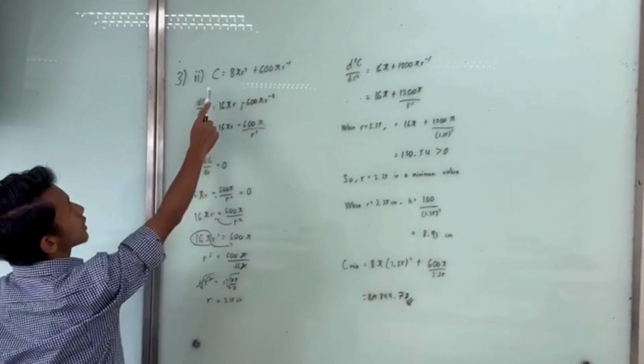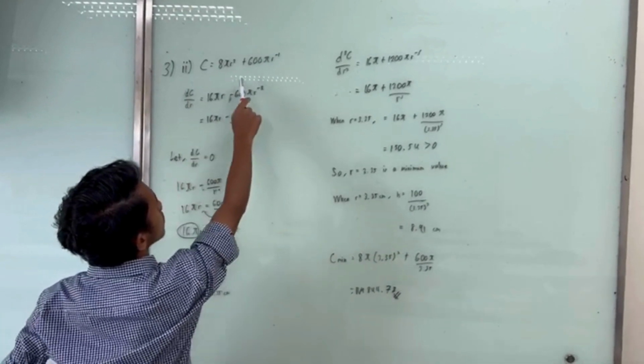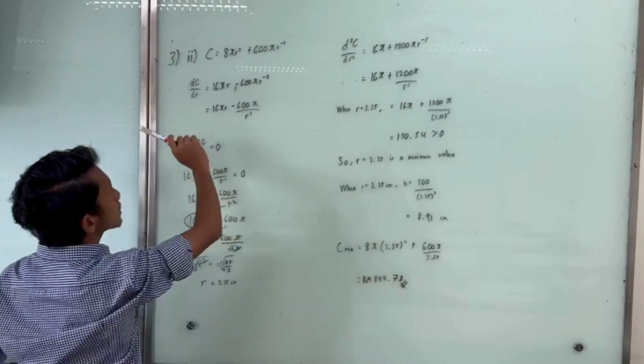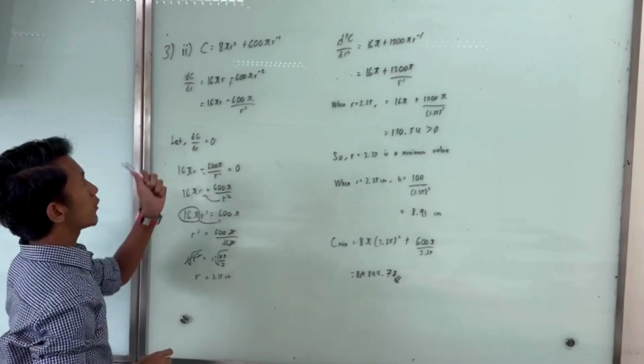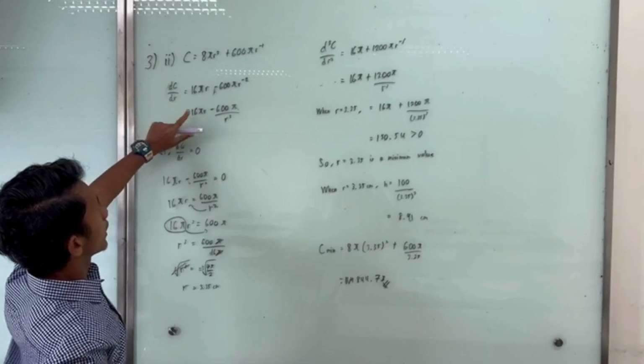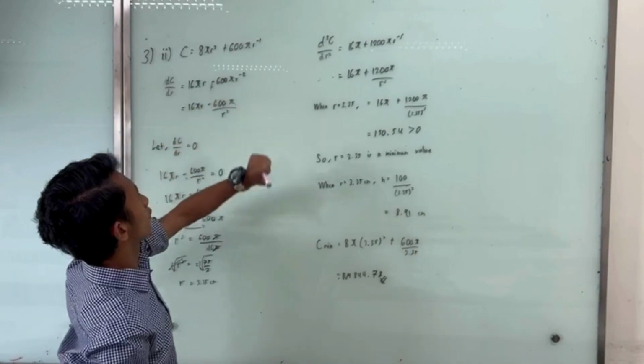As for the second Roman, we need to find the minimum cost. The cost that we got from the first Roman is C equals 8 pi r squared plus 600 pi over r. Next, we use the first derivative to find the minimum value. We get 16 pi r minus 600 pi r to the power of negative 2.